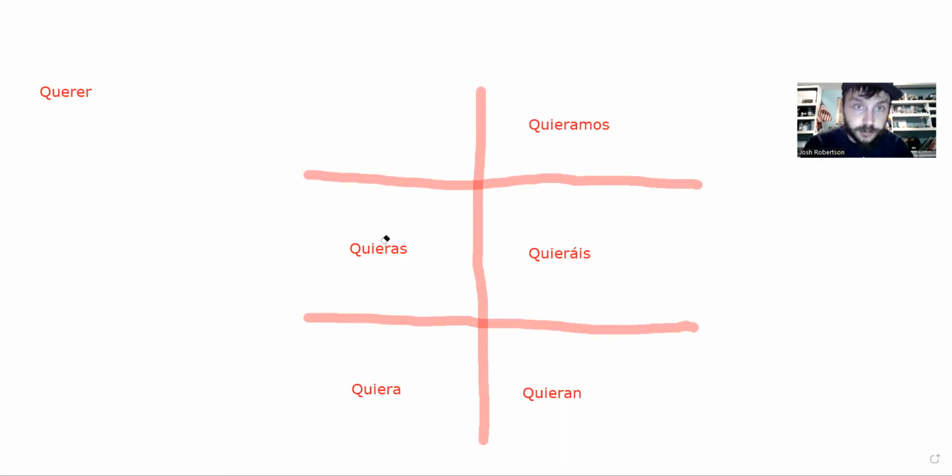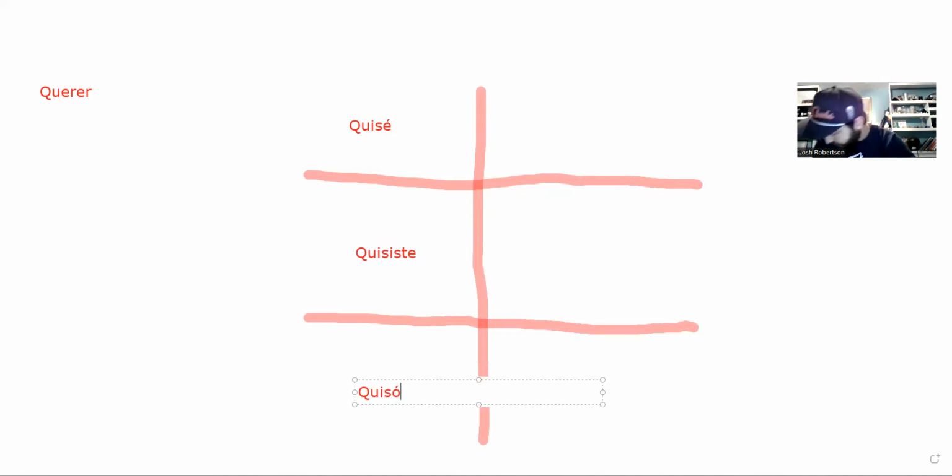Okay, let's go with the preterite. Yo quise, tú quisiste, él, ella, usted quiso, nosotros, nosotras quisimos, vosotros, vosotras quisisteis, ellos, ellas y ustedes quisieron.